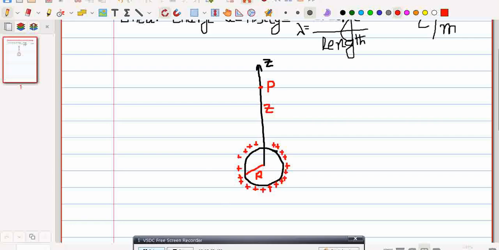This is positive charge, distributed over it uniformly. Now we want to find the electric field due to this ring, and this ring is some insulating material, plastic or so on, so that this charge is fixed over it. Let's suppose the distance from this point P to some length element on the ring is r.